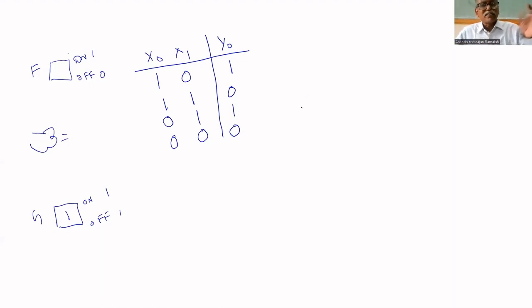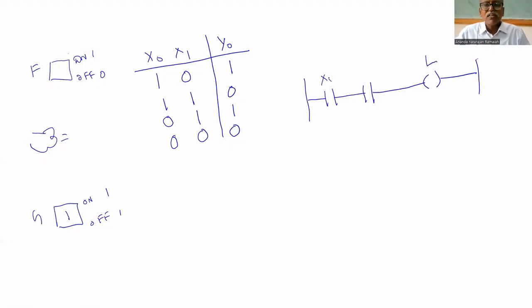AND logic means this switch is closed and this switch is also closed, then the lamp will be turned on. Let us assume this is the lamp, this is switch 1, switch 2. If both are turned on, the lamp will be turned on. Am I correct or not? This circuit is called AND.